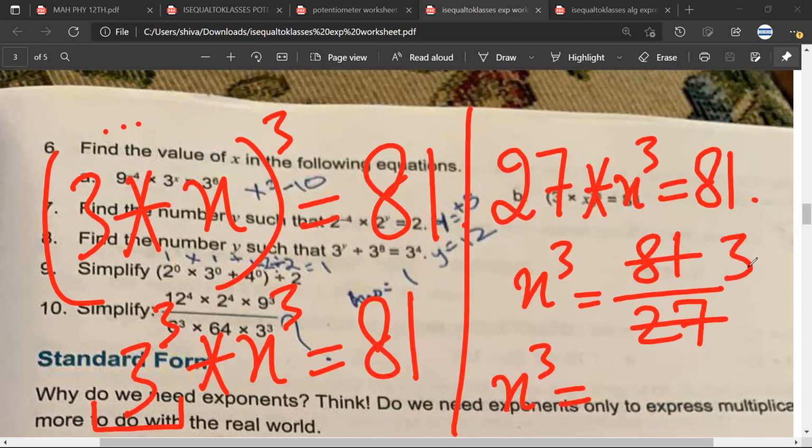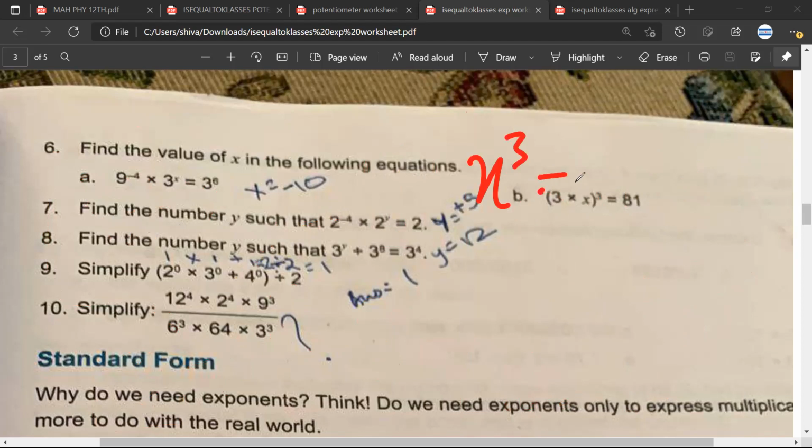Do you agree to this? Yes, sir. Mr. Satya, have you understood till here? Yes, sir. So we have reached here that x cube is equal to 3. Mr. Sarthak, any doubt till here?